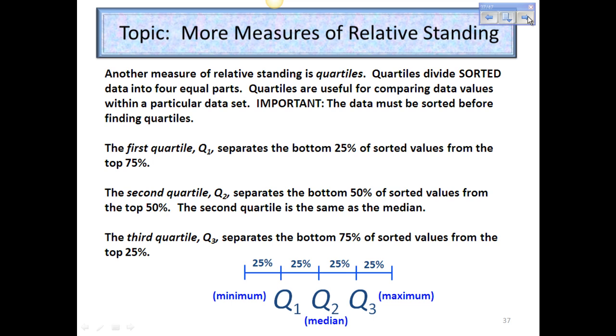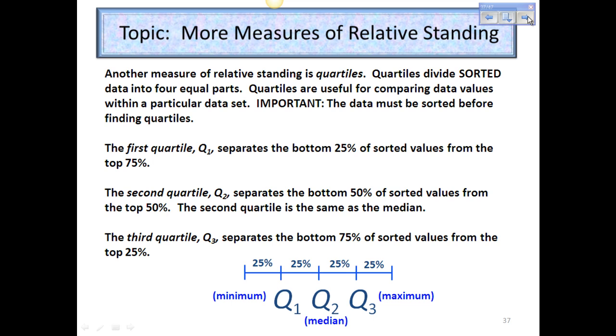Now, we're going to use our calculator to find quartiles, and I'll actually discuss finding the quartiles with you when we talk in the next topic about the 5-number summary. For now, I just want you to know that the first quartile, Q1, separates the bottom 25% from the top 75% of the sorted values.